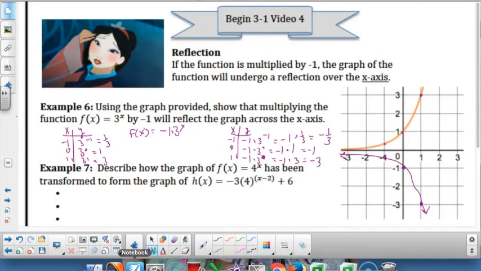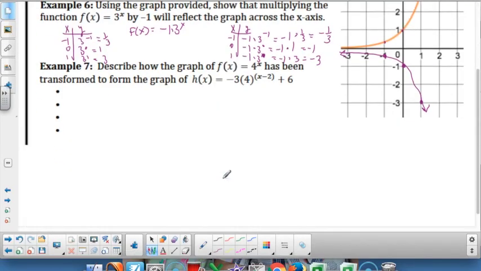All right, let's go ahead and look at this example. What this example does is it takes all of the different transformations we've talked about and puts them into one big function. So you have this parent function of 4 to the x, and it's been transformed into this. If I wanted to describe all of those transformations, what I would do is go through and look at all the things that are extra, that are more than just the 4 to the x. Well, I've got a negative there.